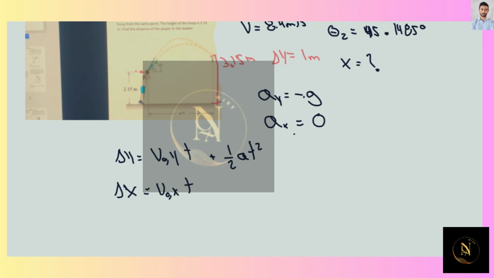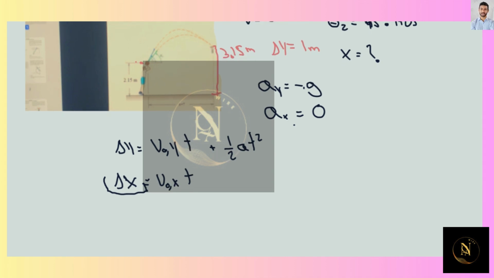So over here, what we're going to have as well is that for each of the situations, the value for delta x needs to be the same. So delta x on shot 1 needs to be equal to delta x on shot 2. The same thing happens with delta y in shot 1 and delta y in shot 2.